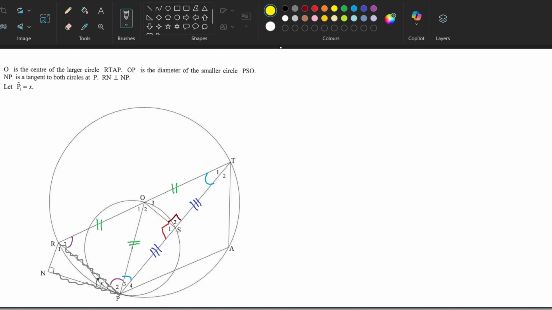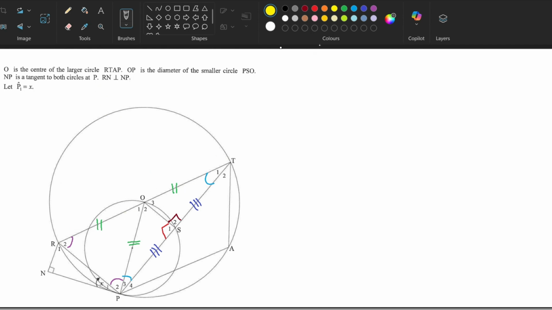That chord is our RP, right? So you place your fingers here and here and take them to the circumference. We can see that here we have angle T1. So angle T1 is equal to angle P1, isn't it? That's how you use the tan chord method, right?